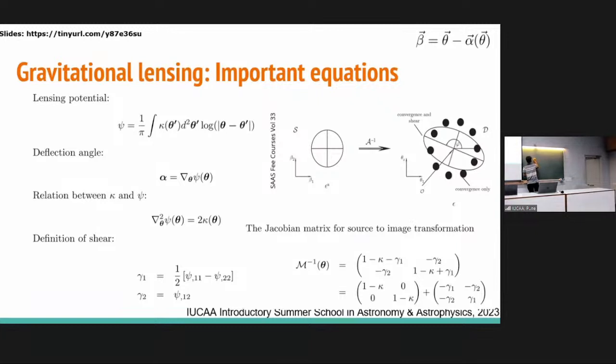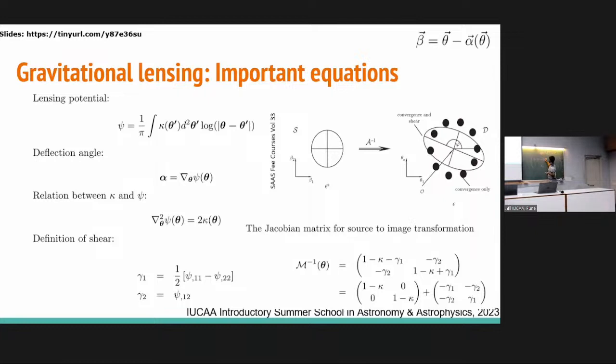So you get an equation which looks like 1 minus kappa, minus gamma 1, and then minus gamma 2, minus gamma 2, and minus kappa plus 1. So what I'm going to do is take this matrix, which is A minus lambda times the identity matrix, and the determinant of this I will set to 0.